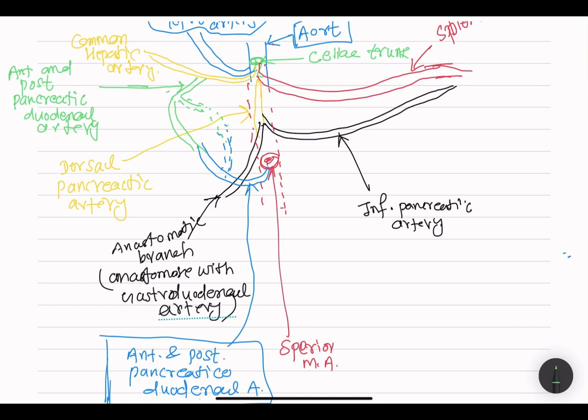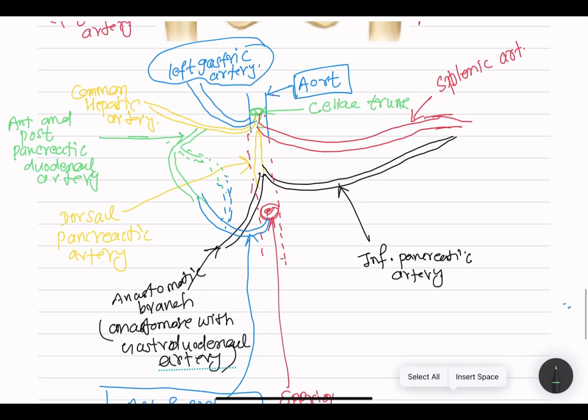Now from the splenic artery, there are also branches which supply the pancreas, and also the inferior pancreatic artery goes and supplies the pancreas.